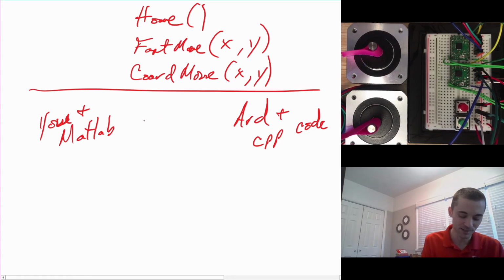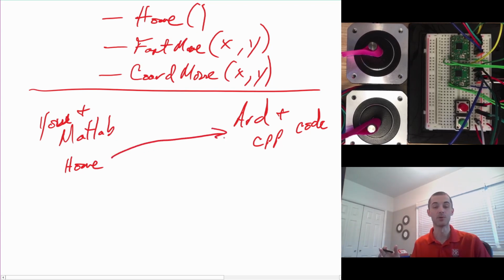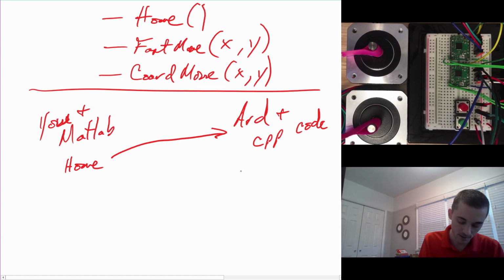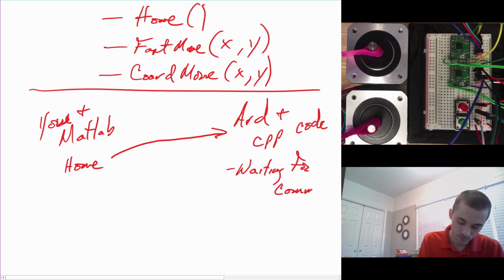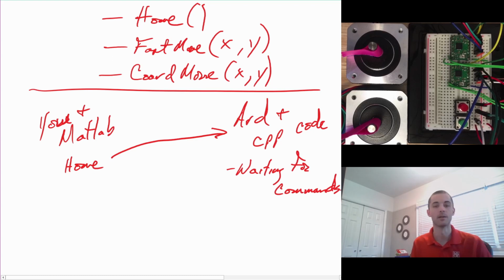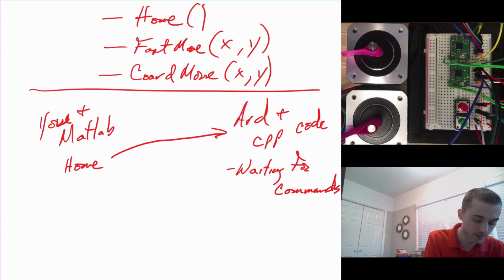the way that this works is you're sending those commands, right? We've got home, fast move, and coordinated move. And you call one of these functions, let's say home. Well, that sends commands over to the Arduino board and the C++ code, and it's sitting there listening, waiting for commands.